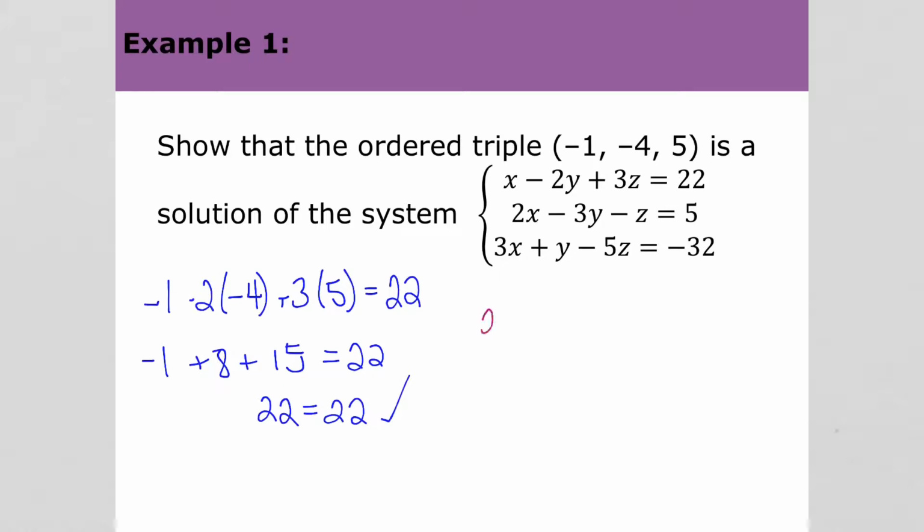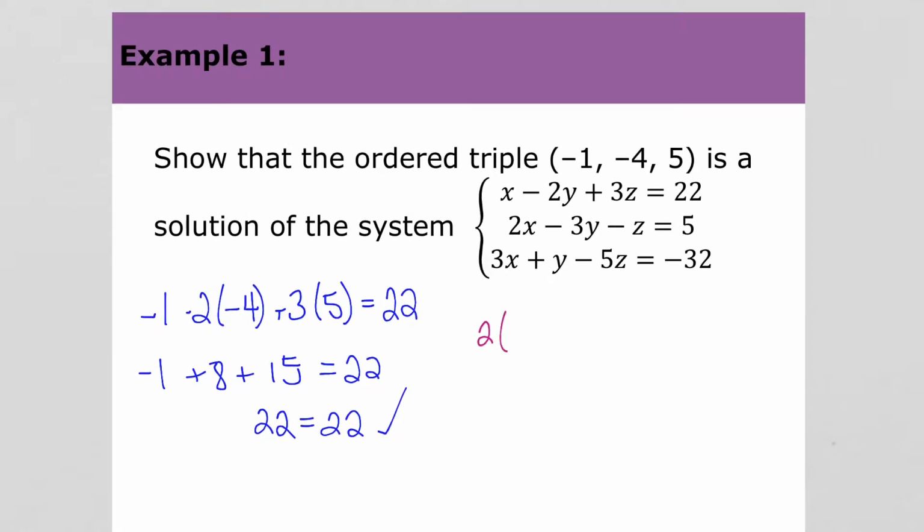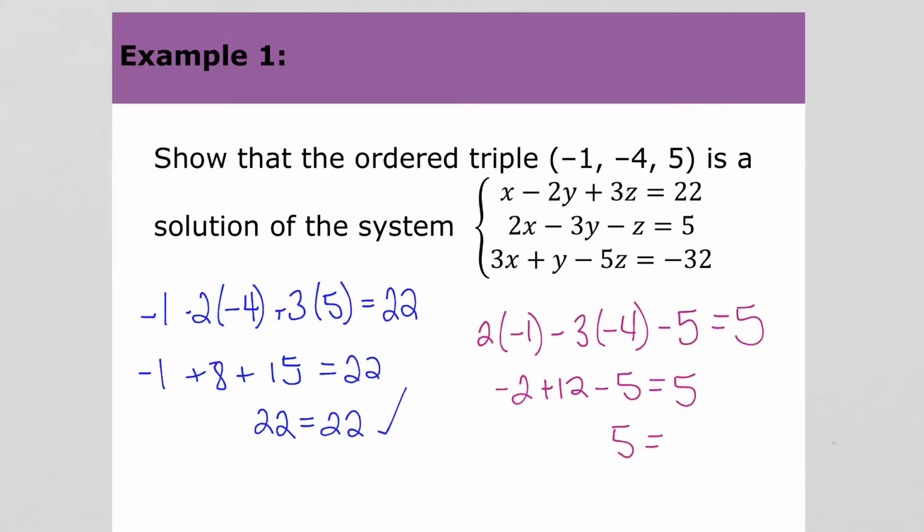For the second one, same deal. Plug in our point. So 2 times x minus 3 times y minus z. We want to see if that's equal to 5. So we have negative 2 plus 12 minus 5, and that is equal to 5. And then the last one, 3 times x plus y minus 5 times z.